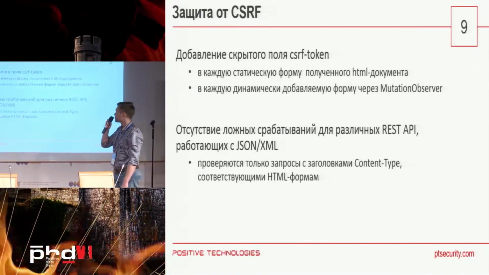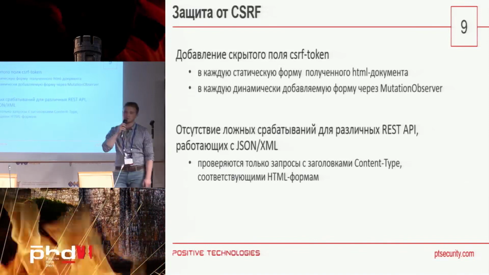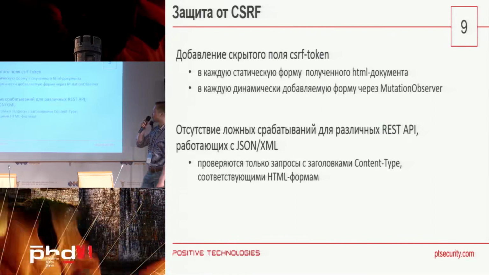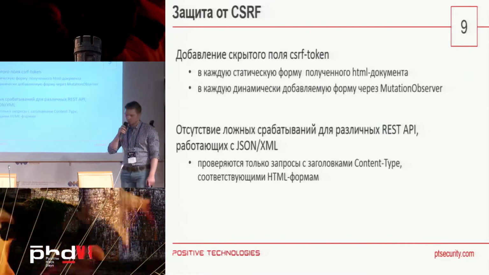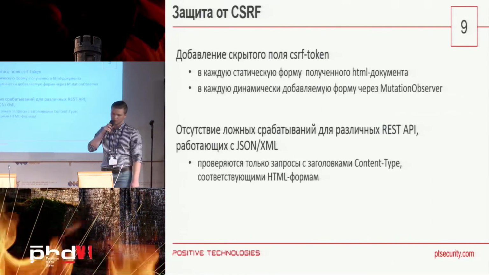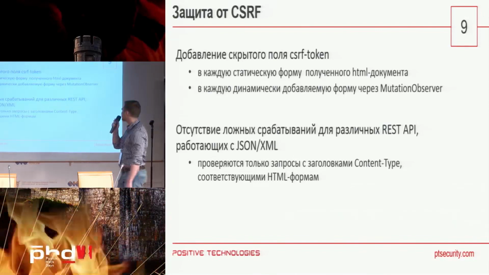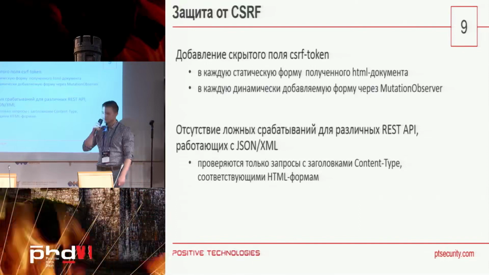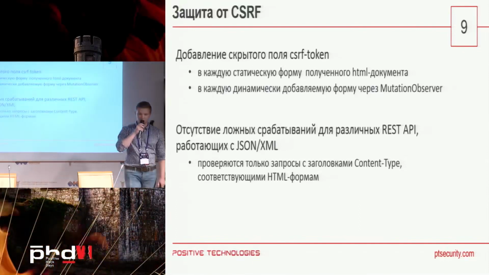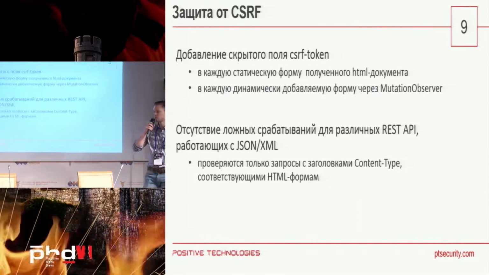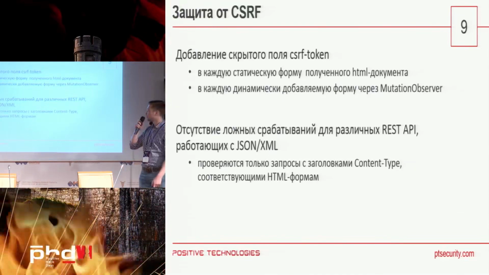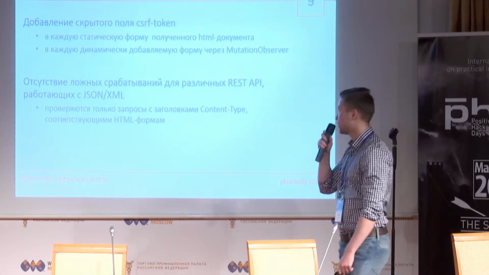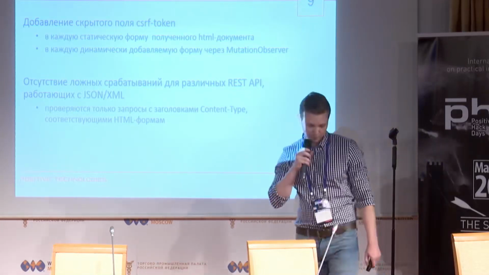With wolf.js, we can insert CSRF tokens dynamically. In other words, using advanced browser technologies, we can track dynamic form creation with the MutationObserver object. We can insert it not only in static forms, but also in dynamic forms.